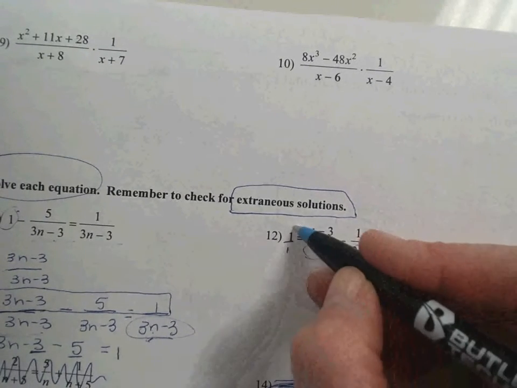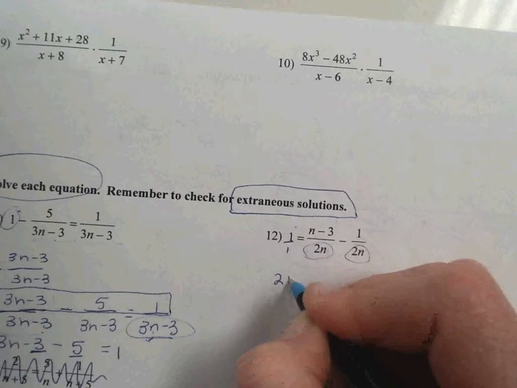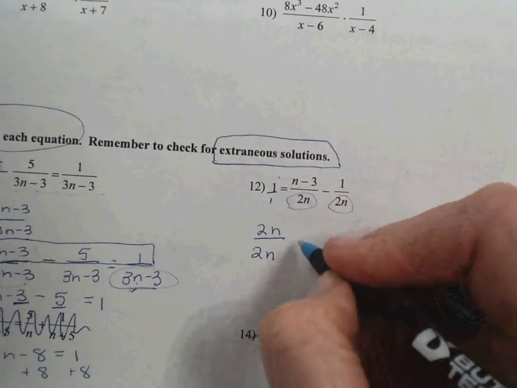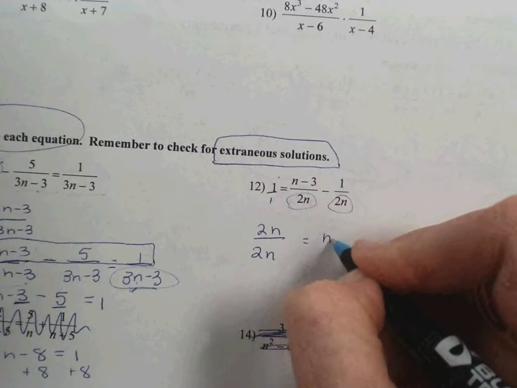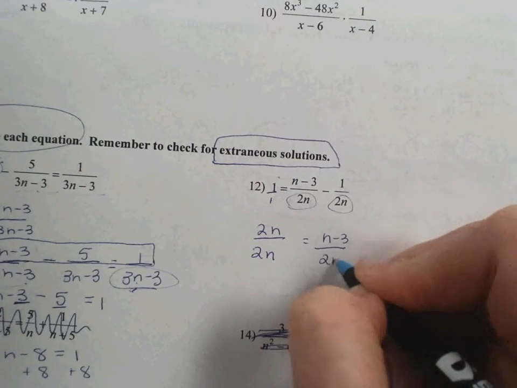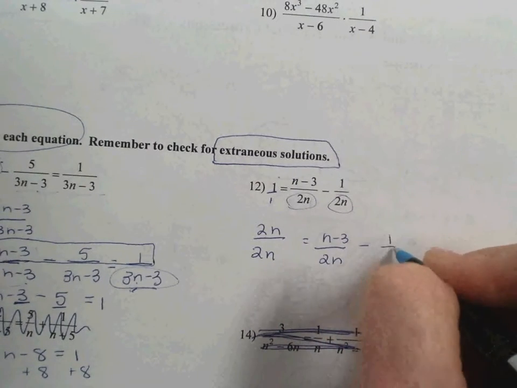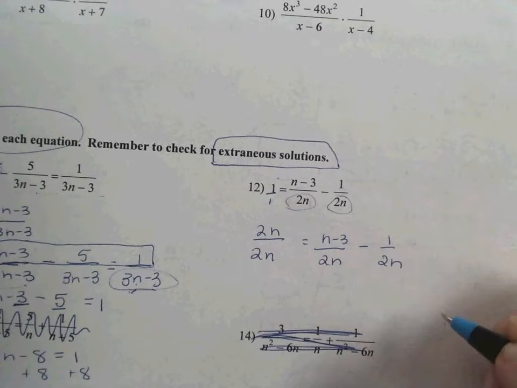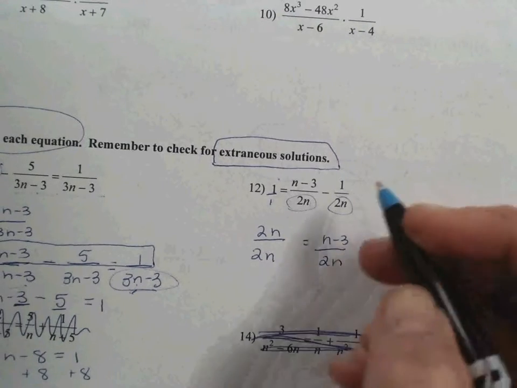So we're multiplying by 2n over 2n, which again just gives us 2n over 2n since it's multiplied by 1. Equals n minus 3 over 2n minus 1 over 2n. Step 1 is done. Found the common denominator.